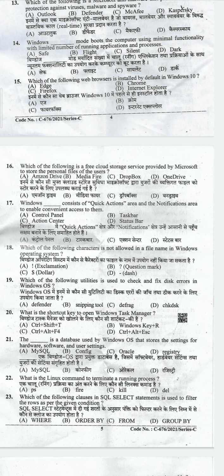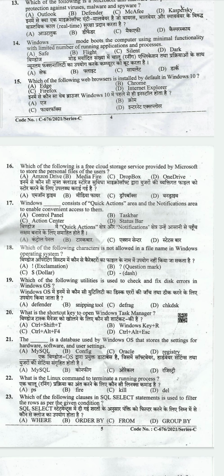Question 18. Which of the following characters is not allowed in a file name in Windows operating system? Answer to this question is option D, that is dash sign. 19. Which of the following utilities is used to check and fix disk errors in Windows operating system?